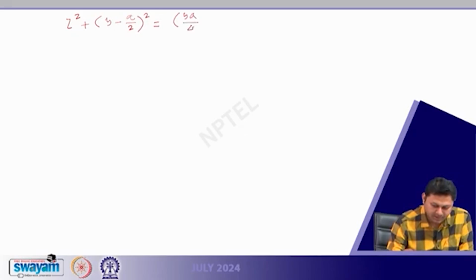So if I square both sides, then we are going to get z square plus y minus a by 2 square, that is equal to ya divided by delta minus delta by 2 square.